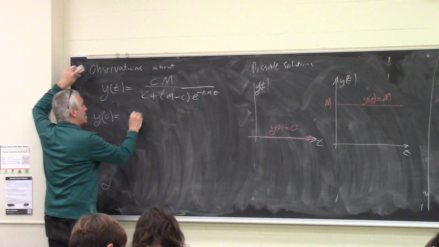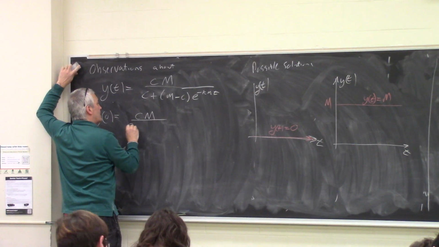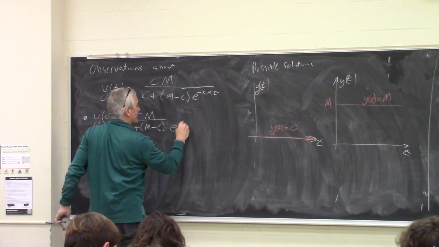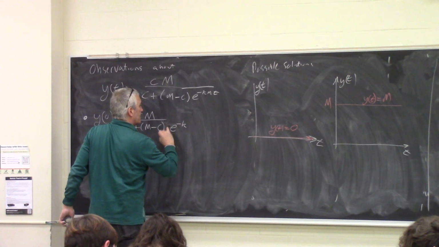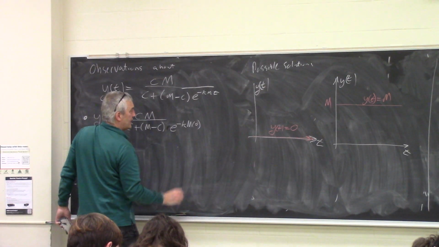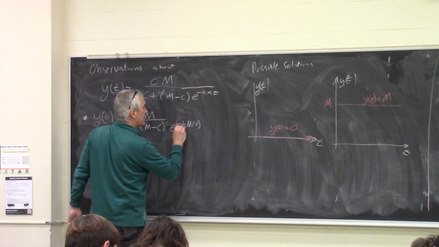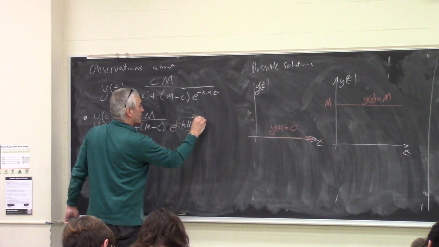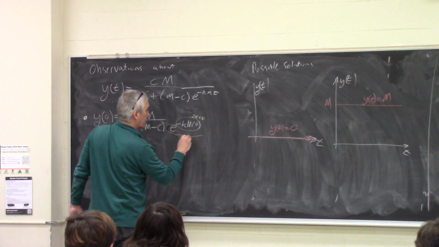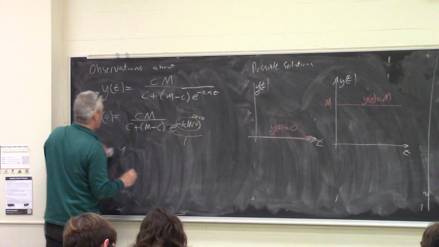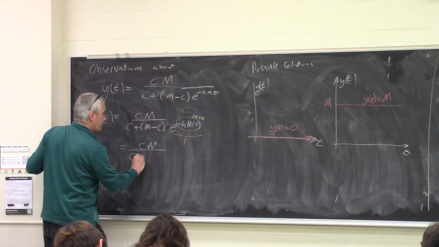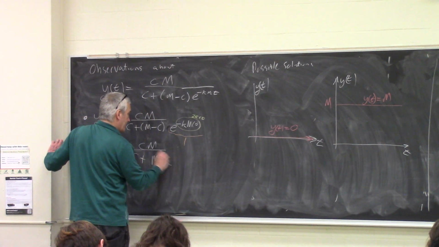So I'm going to get C times m over C plus m minus C e to the minus km times 0. Oh, but that's e to the 0. This whole thing is 0. So what's e to the 0? That's the number 1. So this is going to be Cm over C plus m minus C.